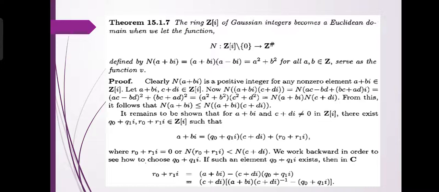Then in C, R sub 0 plus R sub 1 I is equal to the quantity of A plus BI minus the quantity of C plus DI times the quantity of Q sub 0 plus Q sub 1 I, which is equal to the quantity of C plus DI times the quantity of A plus BI times C plus DI inverse minus the quantity of Q sub 0 plus Q sub 1 I.